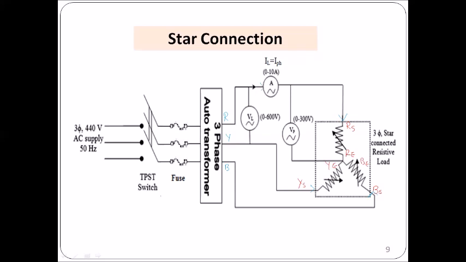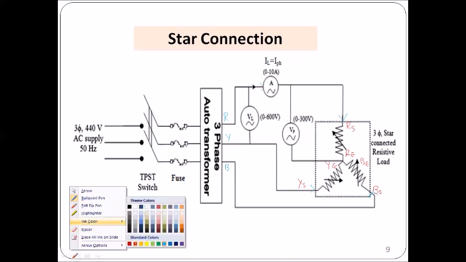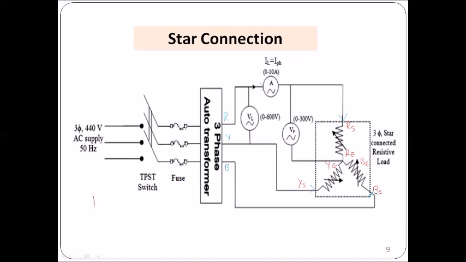Overall arrangement. Now we have to first understand some very important terminologies related to three phase, that is, the meaning of line and phase. This line and phase is associated with both voltage and current. Similarly, line is also associated with both voltage and current.